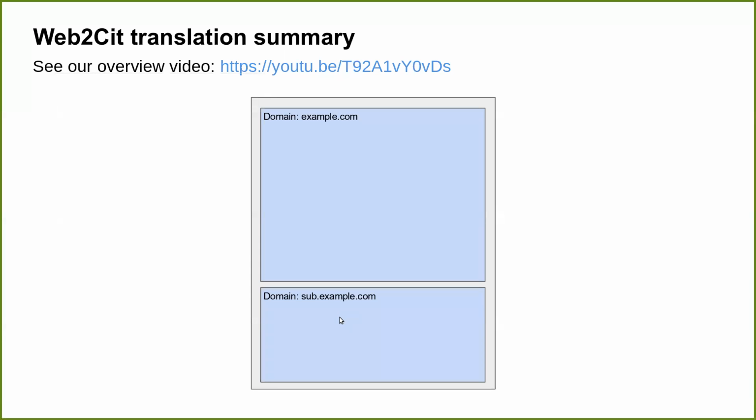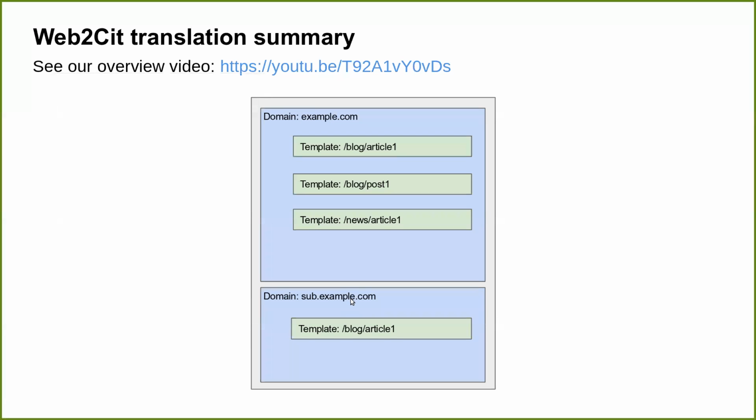Web2Cit is organized into domains, the way translation is configured is organized into domains. So this blue box here is the configuration for domain example.com, and this other blue box here would be the configuration for domain sub.example.com. And when I mean configuration, I mean translation templates.